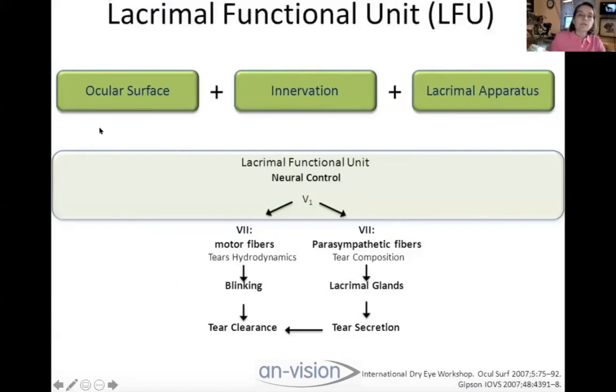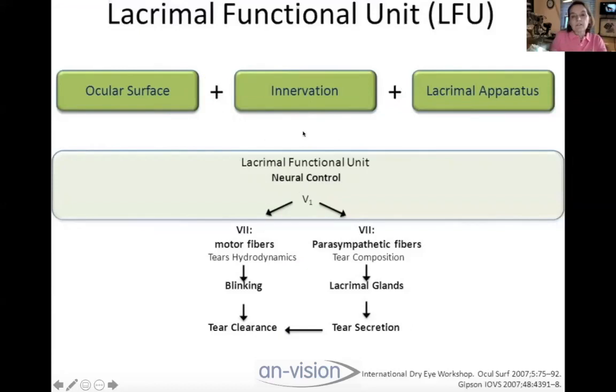And we start here with the ocular surface and the innervation in the cornea, in the conjunctiva, and the lacrimal apparatus. So it's not just the lacrimal gland that is producing some watery fluid, and if it's not there, we have a dry eye. It's much more that we have to look at.